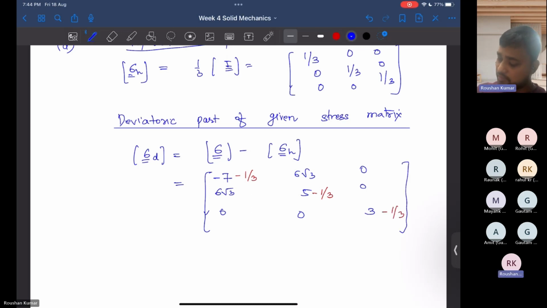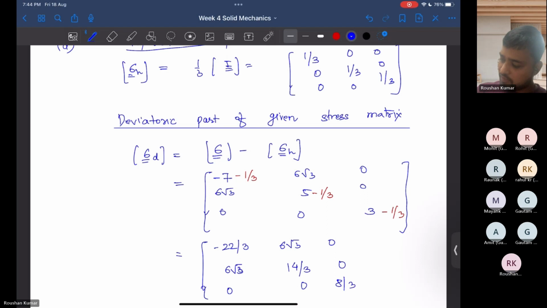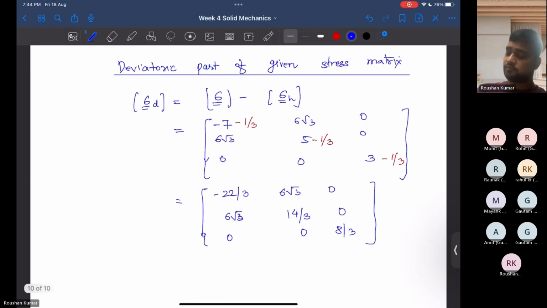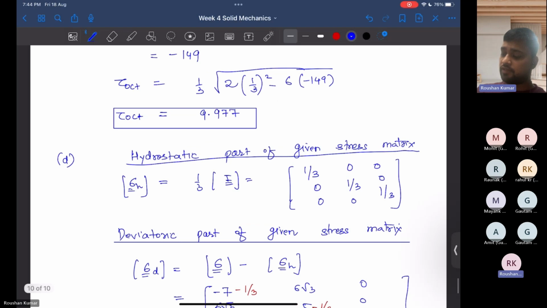So we will get minus 22 by 3, 6 root 3, 0, 6 root 3, 14 by 3, 0, 0, 0, 8 by 3. So this is the value of the deviatoric part and this is the value of the hydrostatic part.